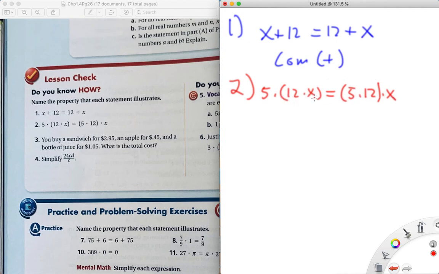The parentheses, though, changed. The last two are multiplied here, and then here the first two are multiplied. So this is the associative property of multiplication, because the order stays the same, but the two numbers that I multiply first changes.